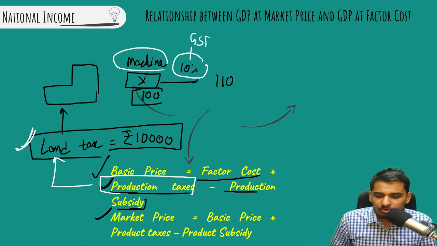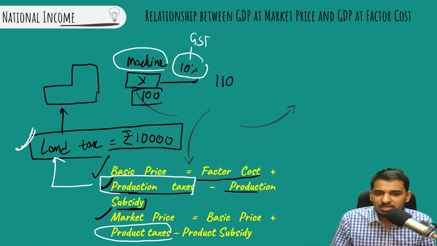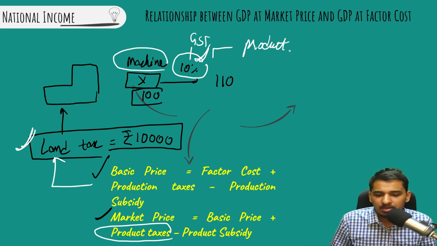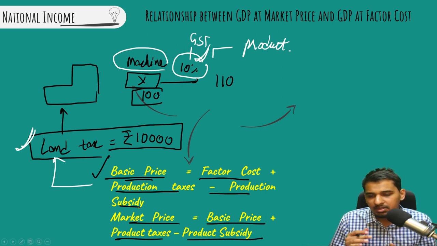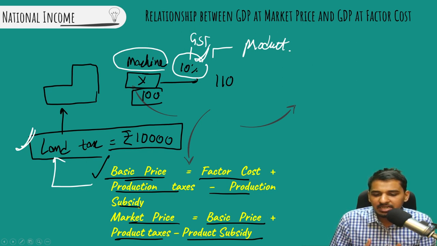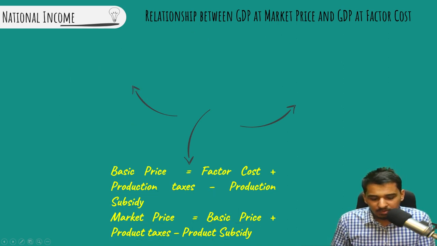So this is a product tax. Please remember that basic price is factor cost plus production taxes minus production subsidy, and market price is basic price plus product tax minus product subsidy. This is very important. This is the difference between basic price and market price: one has production taxes and one has product taxes. I hope this is clear.